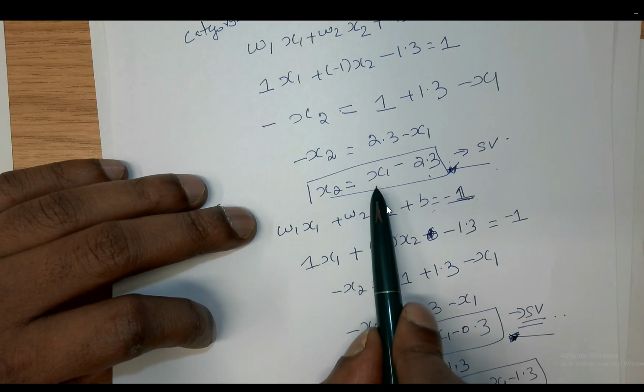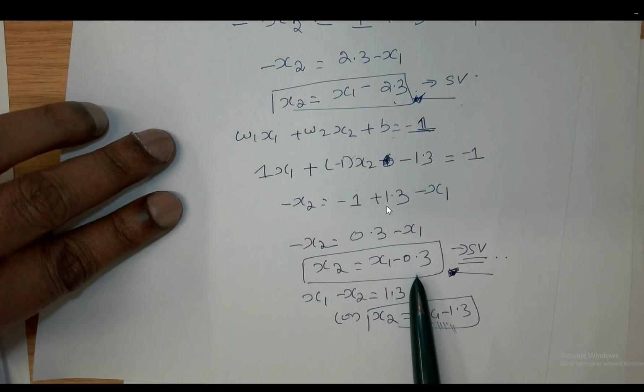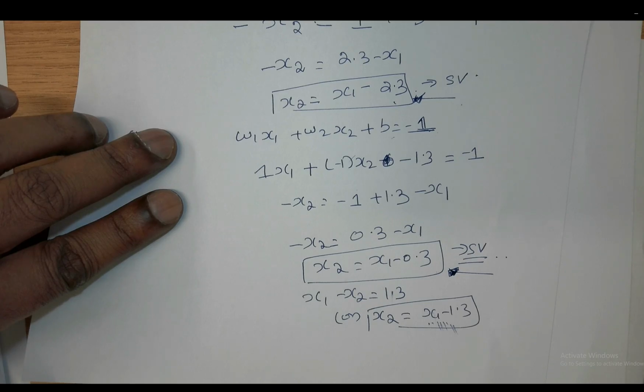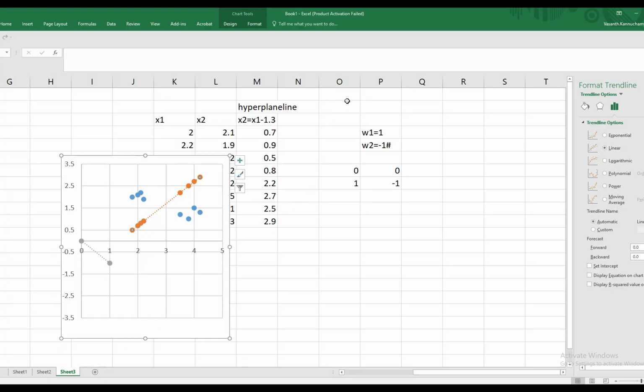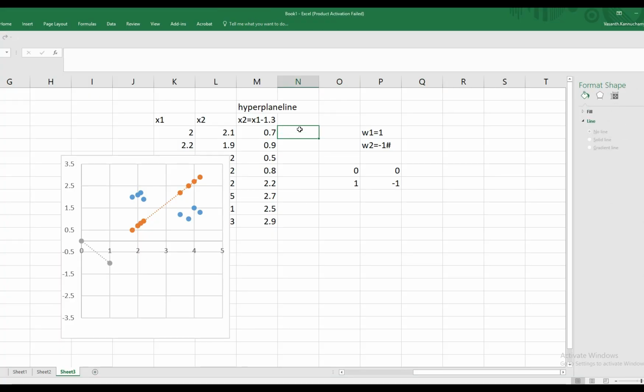Let's calculate the first support vector and then the second support vector in the Excel sheet. Support vector 1 is x2 equal to x1 minus 2.3, and the other is x2 equal to 0.3 minus x1.